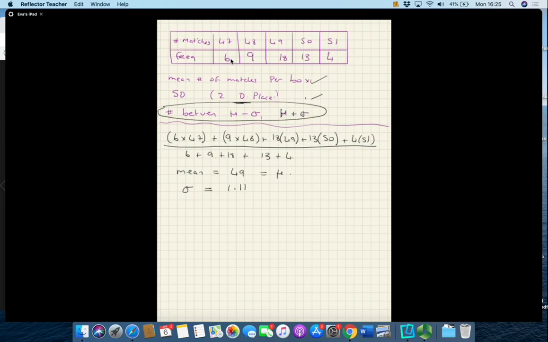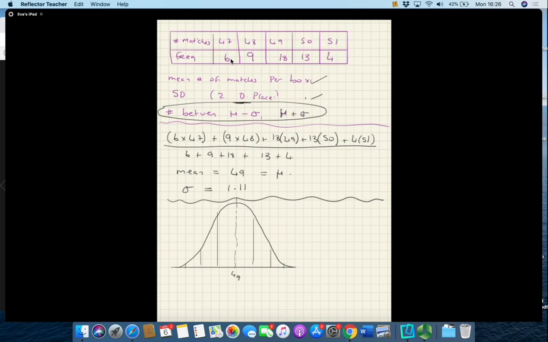Roughly decide how many boxes of matches is going from mu minus sigma up to mu plus sigma. So in other words, if I draw my normal distribution curve, I can now put 49 there at the center because we've calculated our mean to be 49. I can break this into 3 and fill in my values.